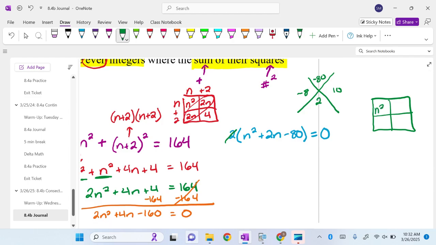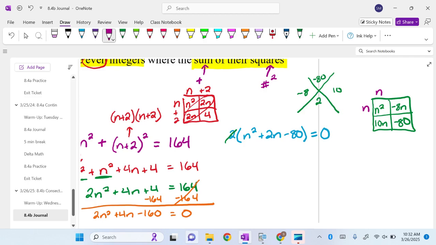So I have n squared and negative 80 in their respective places. And then I break apart my b value into negative 8n and positive 10n.